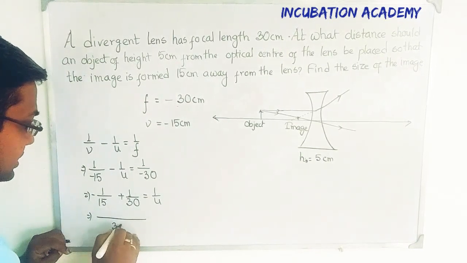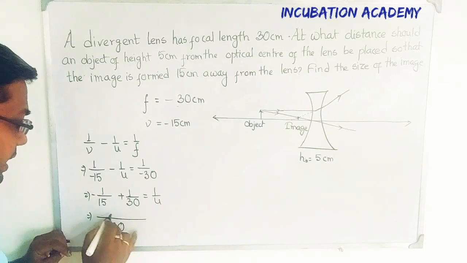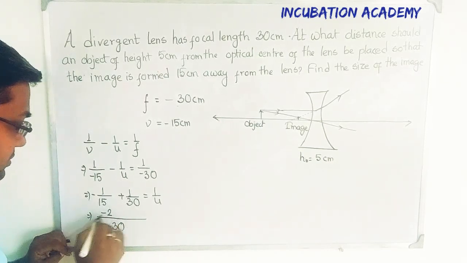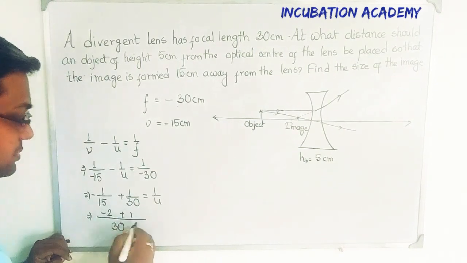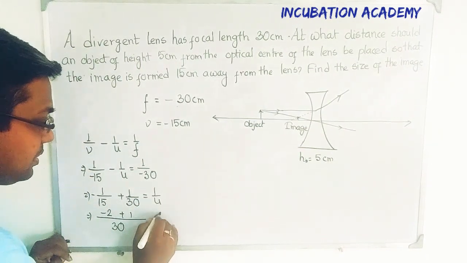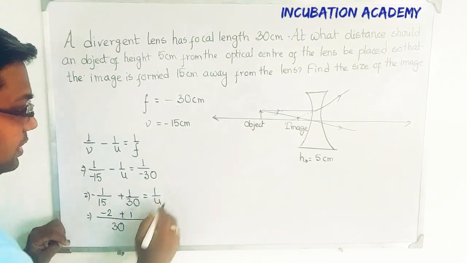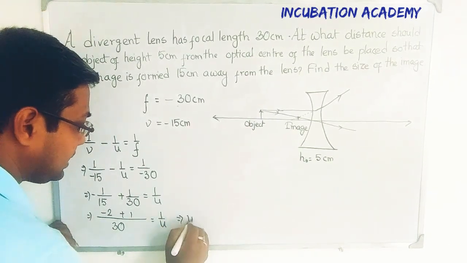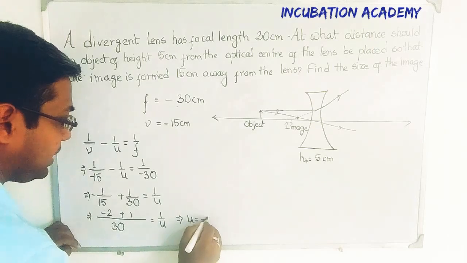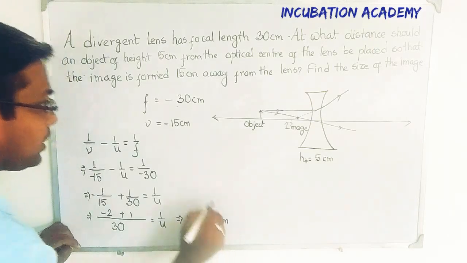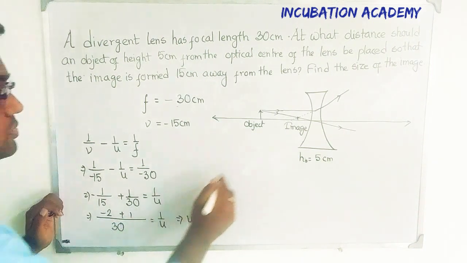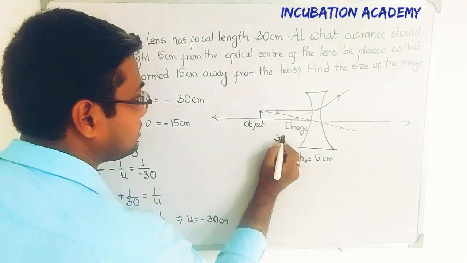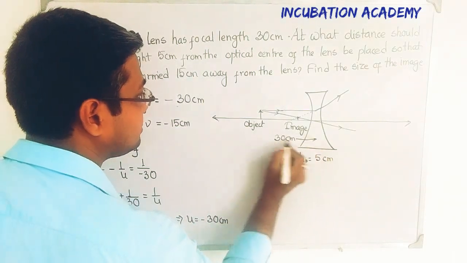So 30 is the LCM. Okay. This is minus 2, this is minus 2, and this is plus 1, the simple LCM. So 1 by U. So obviously from here we can say that U is equal to minus 30 centimeter. So the object is placed at a distance 30 centimeter.